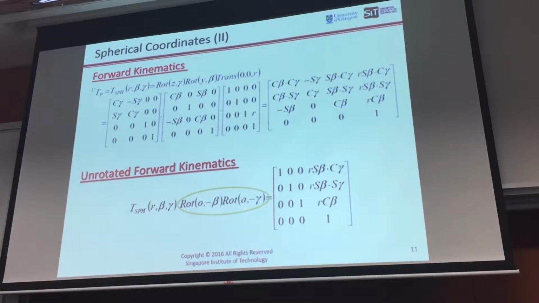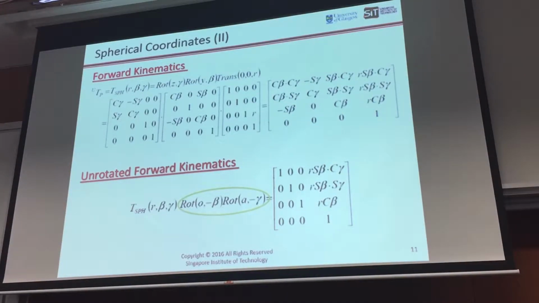Then if you just put R sine beta over R sine beta cosine gamma, you are getting basically Py over Px. So with that, you will find maybe two values, gamma 1 and gamma 2. And then you start working backwards with this.